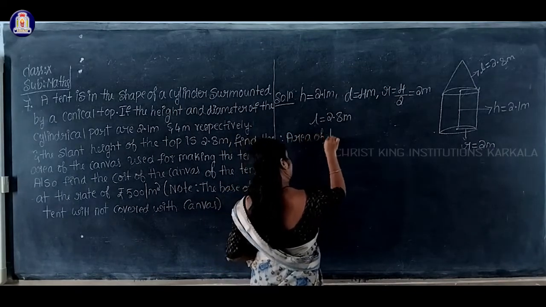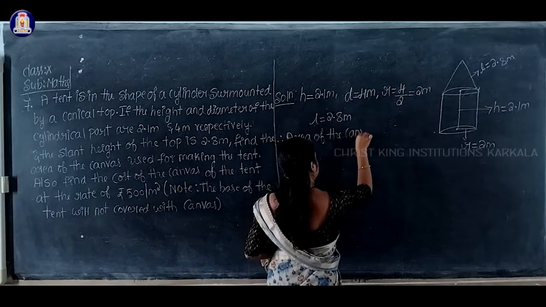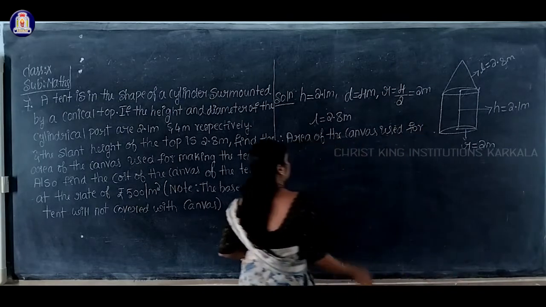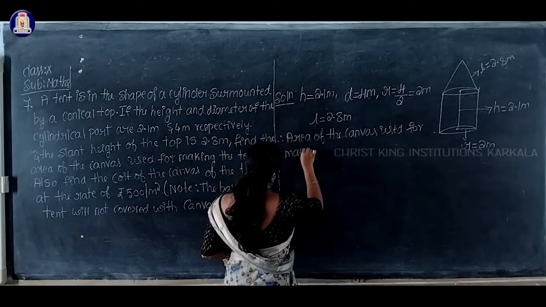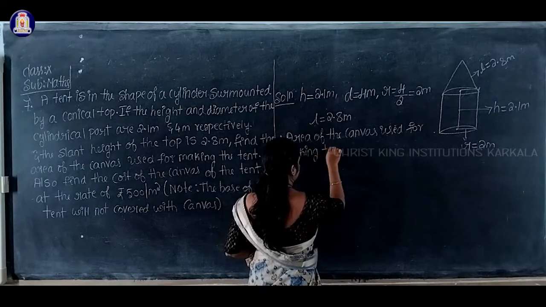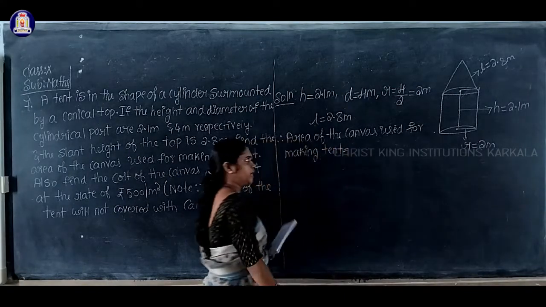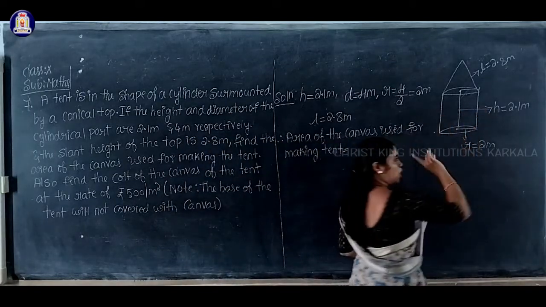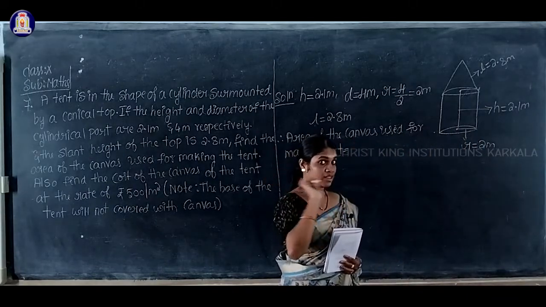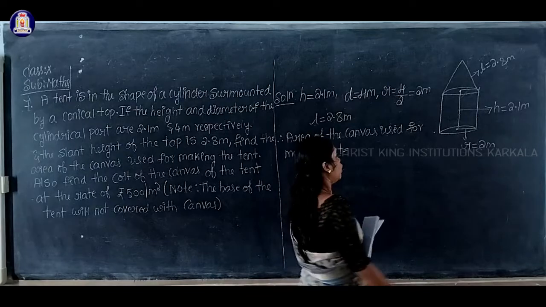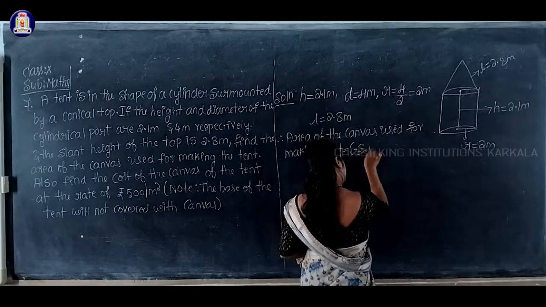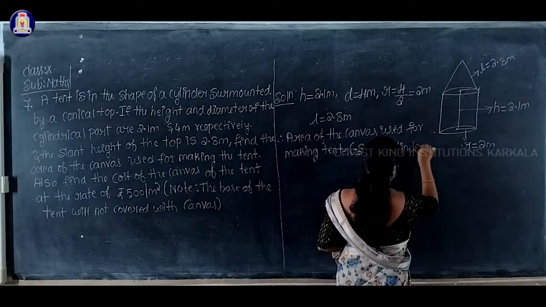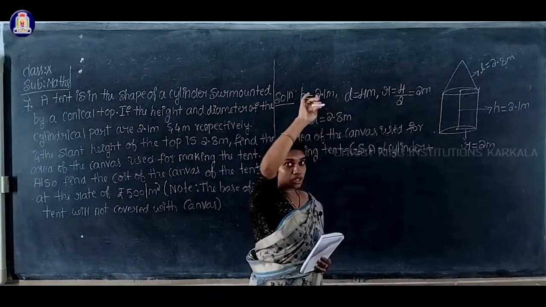Area of the canvas used for making the tent is equal to, see, only the outer face. Outer face means CSA will come, isn't it? So CSA of cylinder plus, what about the top here?